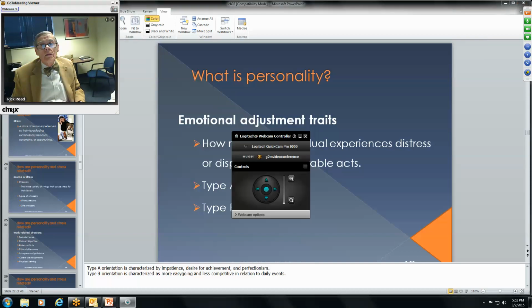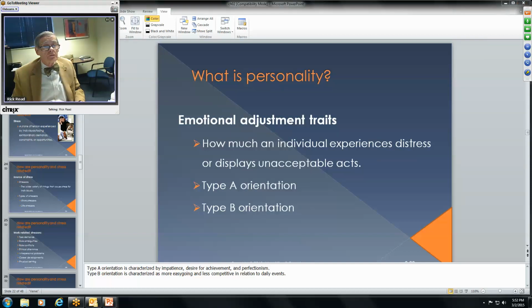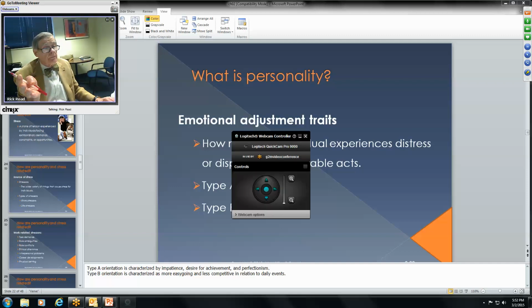We're going to talk more about emotions and moods shortly. We have to make sure that we can control them to some extent. And we also have the two kinds of people here, type A and type B. Type A is go, go, go, go, go. And type B is a person who is laid back.